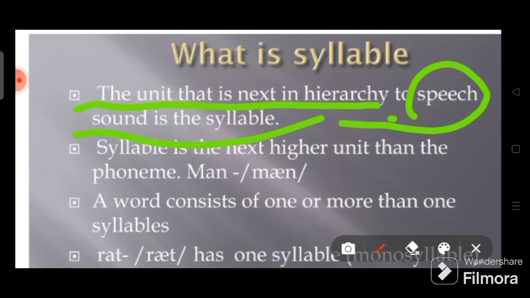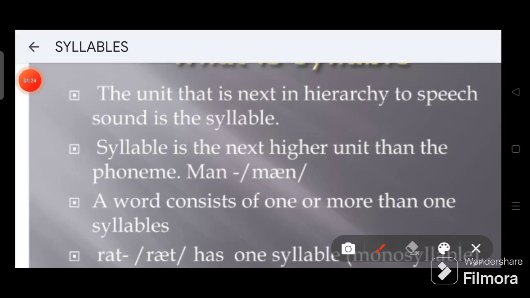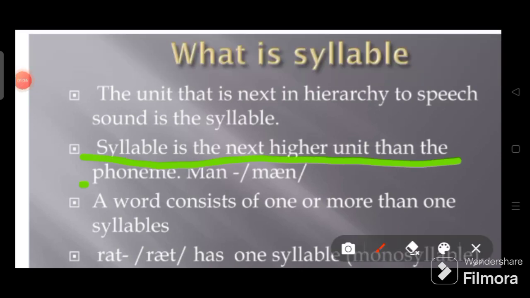That means they are the first ones in hierarchy. But just bigger than this, next to the speech sound, is the syllable. Syllable is the next higher unit than the phoneme.